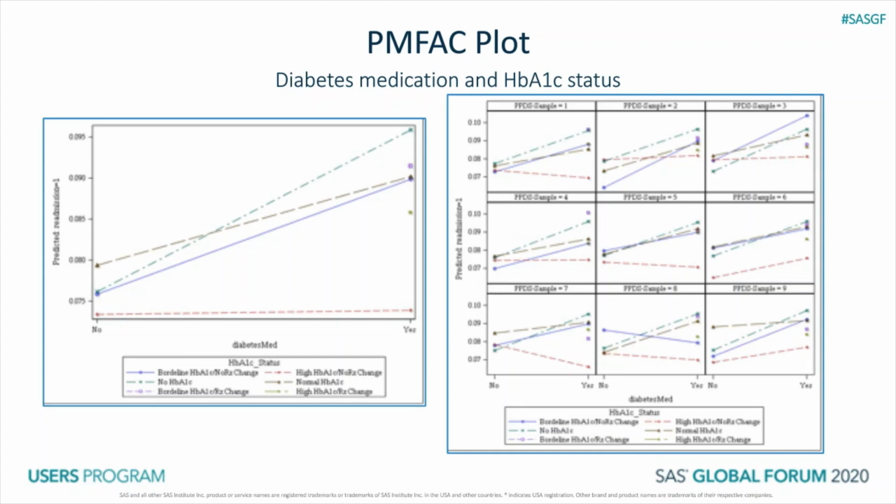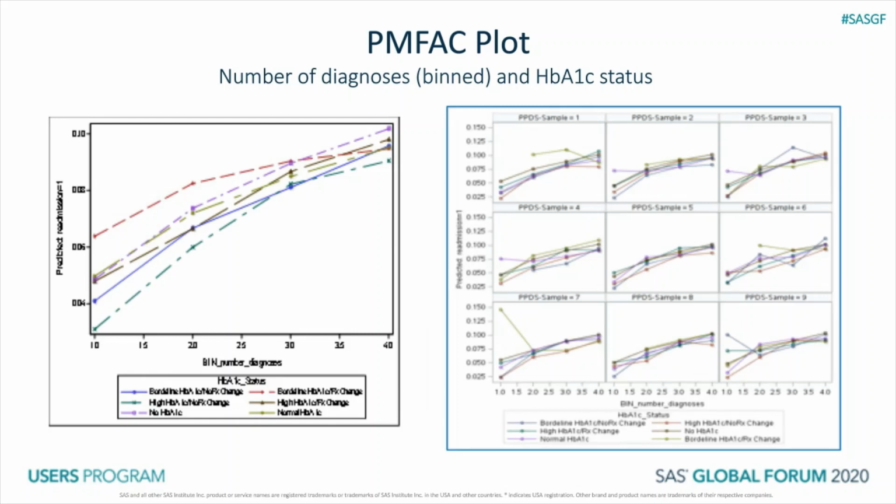There are additional plots that one can generate. Here is the same one looking at number of diagnoses and blood glucose measurement variable. The important information here is that the more diagnoses recorded for a patient, the greater the risk of readmission, which may suggest evidence that sicker patients are responsible for the disproportionate share of observed readmission events.